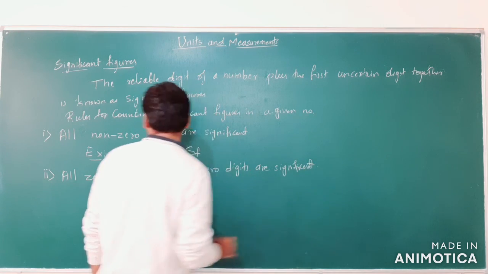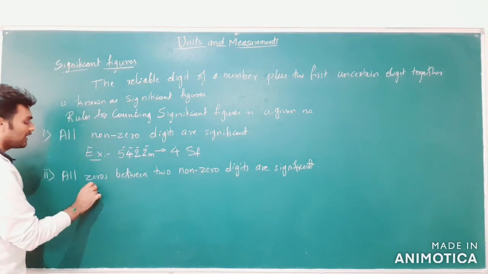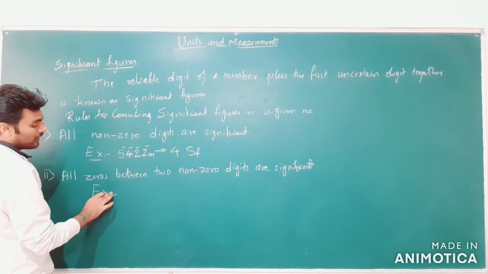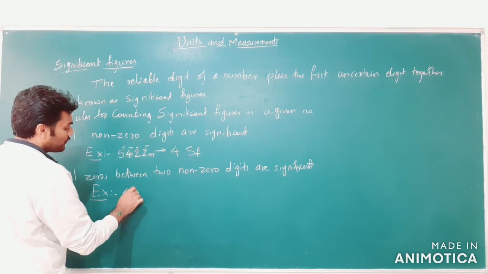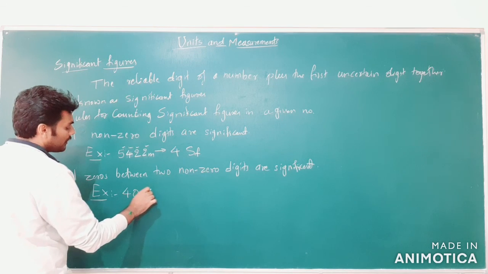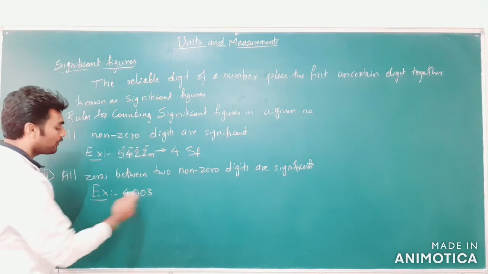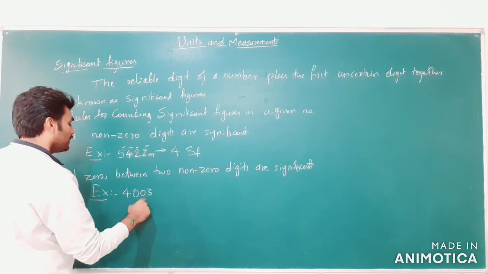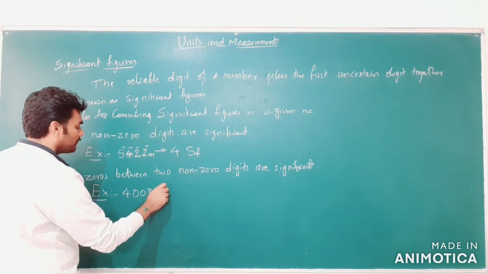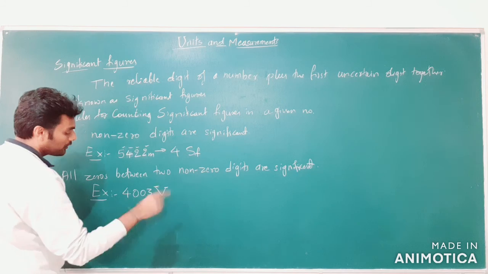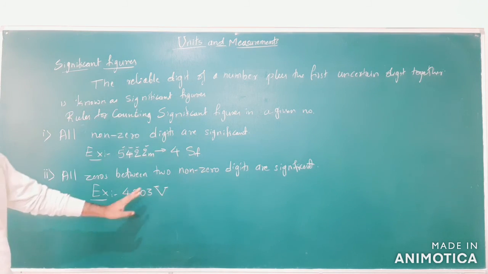So this is the second rule. I'll take an example, you'll understand easily. Say the example is 4003. Very simple number, 4003. Say let this be volts. Okay, potential difference, voltage, 4003 volts.